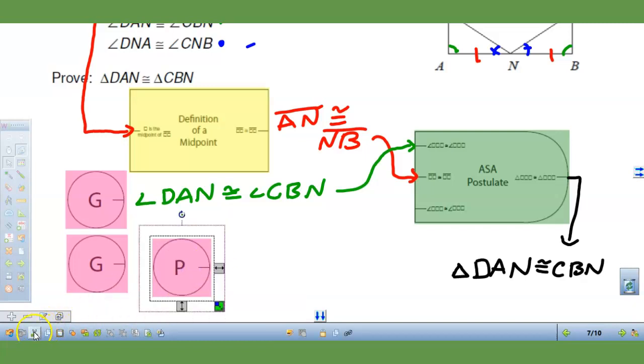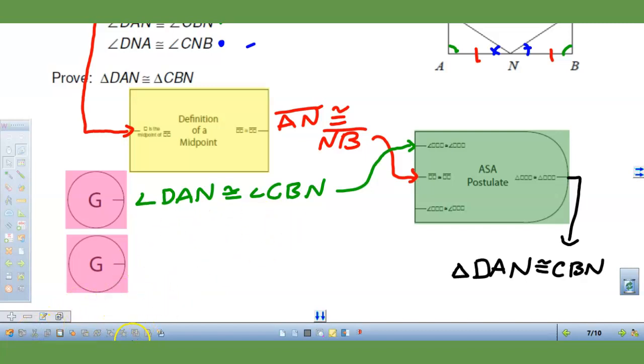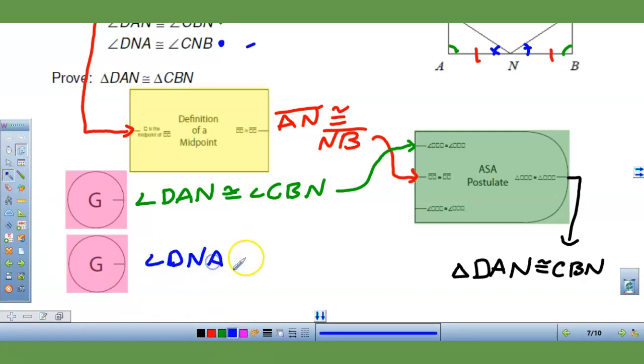My third statement would be just that: angle DNA is congruent to angle CNB. Since I just got my third congruent statement and I've already done the ending of it, I am finished. Got it.